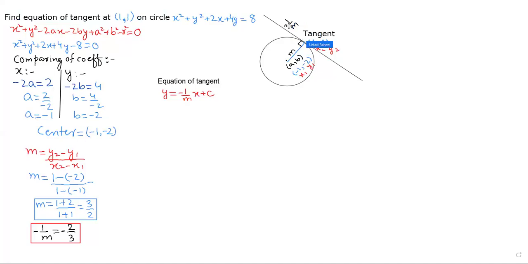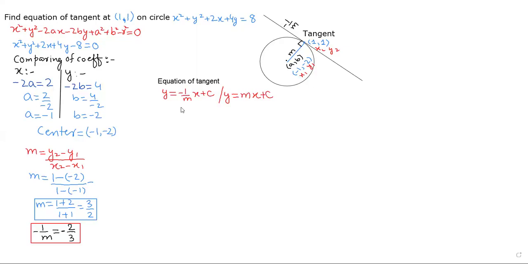It is for this line's gradient. Whatever the gradient is over here, it will come over here. People can write it like this, or they can write it in the same way, y equals mx plus c. So it means the gradient of this line. Now I don't have to do anything with this. The gradient of this line is minus 2 over 3. So either it is this or this, you will be using minus 2 over 3, not 3 over 2. Be careful about this.